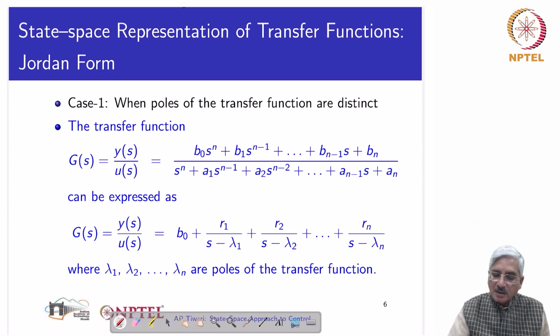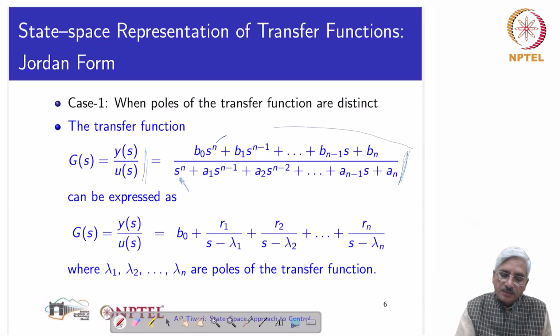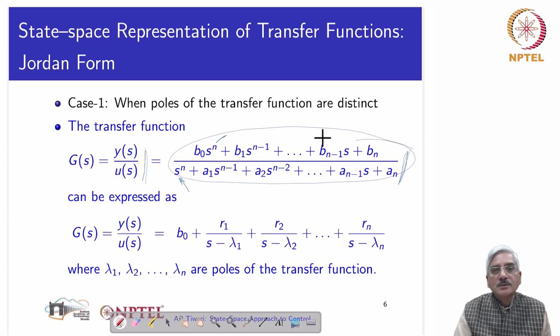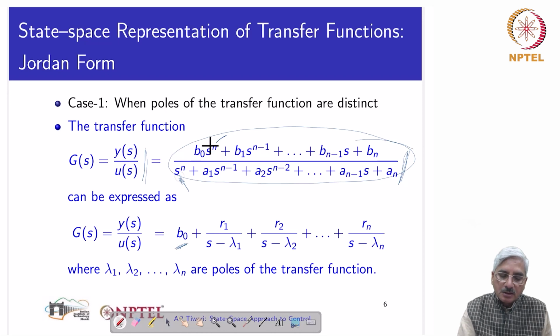So we are given the transfer function, which is like this: an nth degree numerator polynomial and an nth degree denominator polynomial, the ratio Y(s) by U(s). In the case of Jordan form representation, we break the given ratio of polynomials into partial fractions, and thereby we get a constant term b0 because the numerator and denominator both are of the same order.